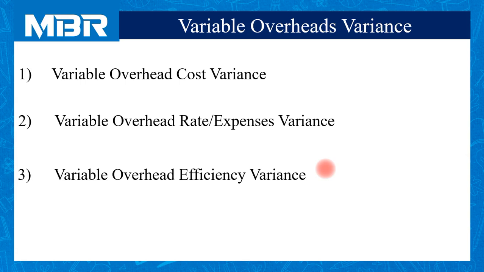These variances are similar to the variances that we use at the time of calculation of labor. So, variable overhead cost variance is a replica of labor cost variance. Variable overhead rate variance is a replica of labor rate variance, and variable overhead efficiency variance is similar to the labor efficiency variance.